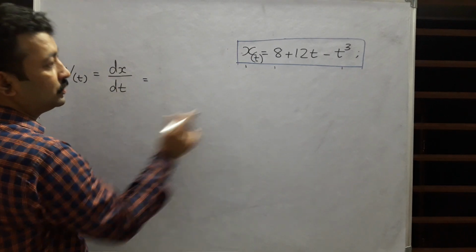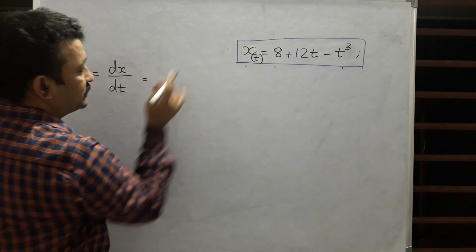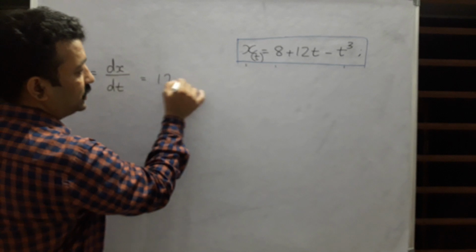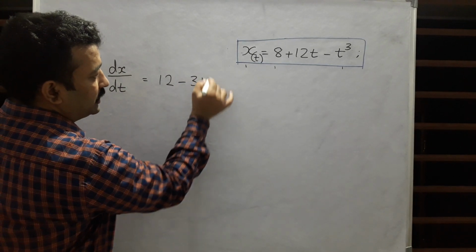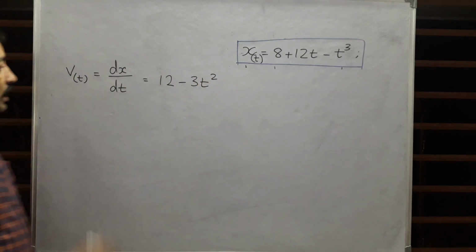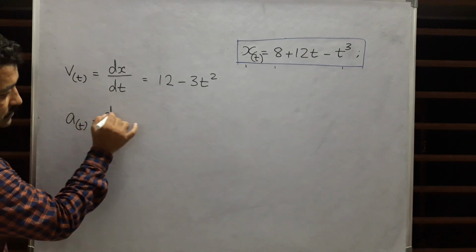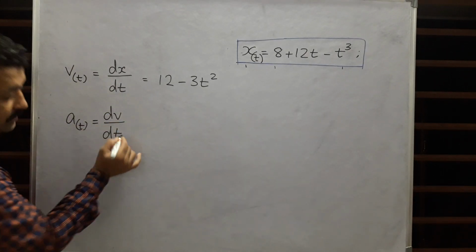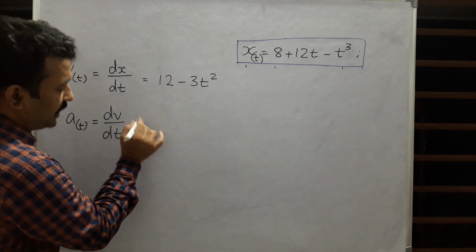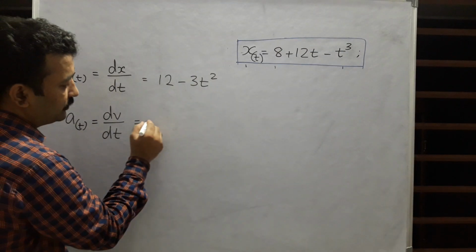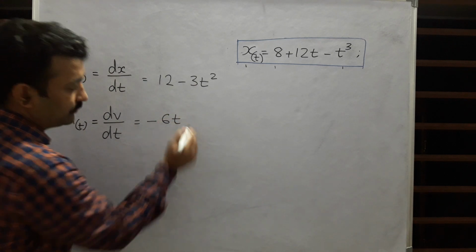Differentiate that: 8 differentiates to 0, 12t gives 12, and t cube gives 3t square. And what is acceleration? That is dv divided by dt. Differentiate this again: 12 differentiates to 0, and 3t square gives minus 6t.